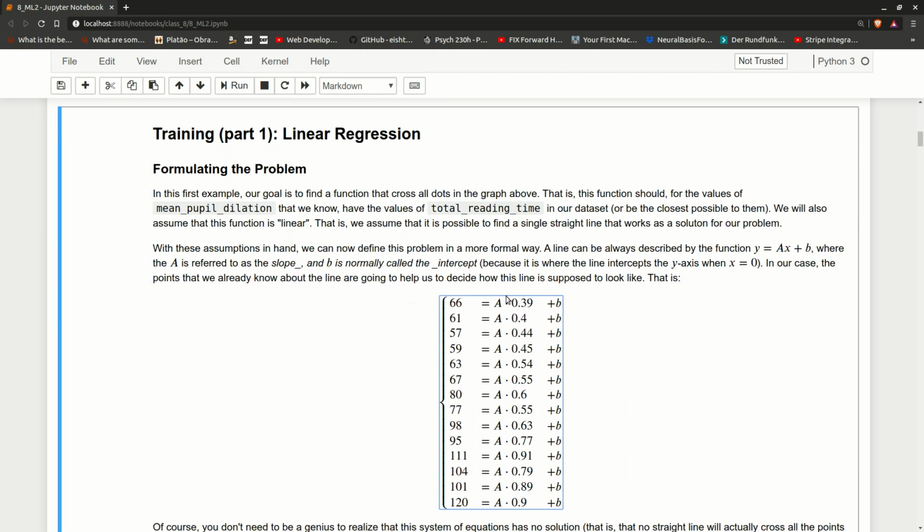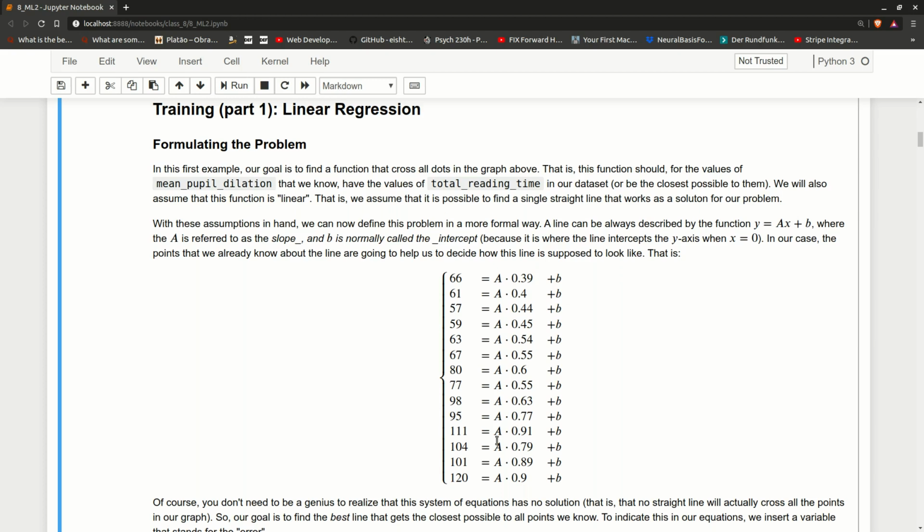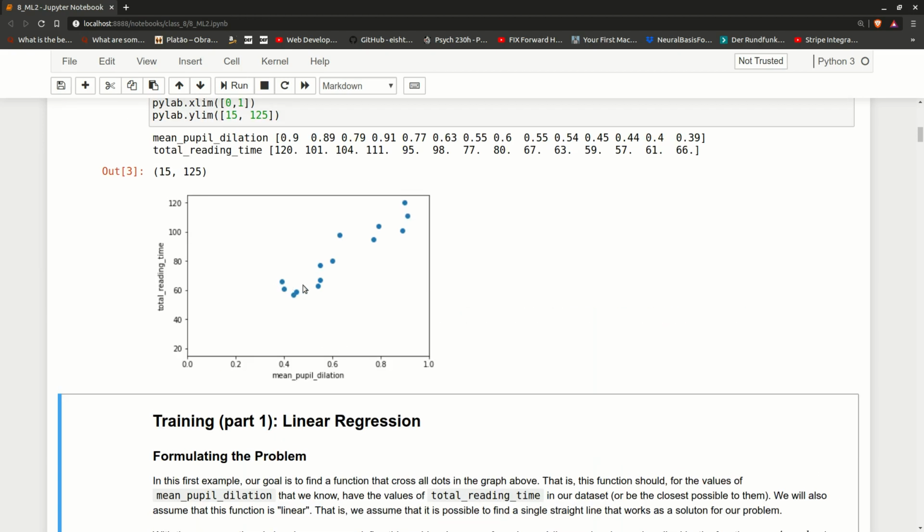So our goal was to find an a and a b that would solve this system of equations, and we just established that there is no way to solve it. So what can we do about this? There is no way to have a line that will cross through all the points, but there is a way to find a line that will be close enough to all the points.